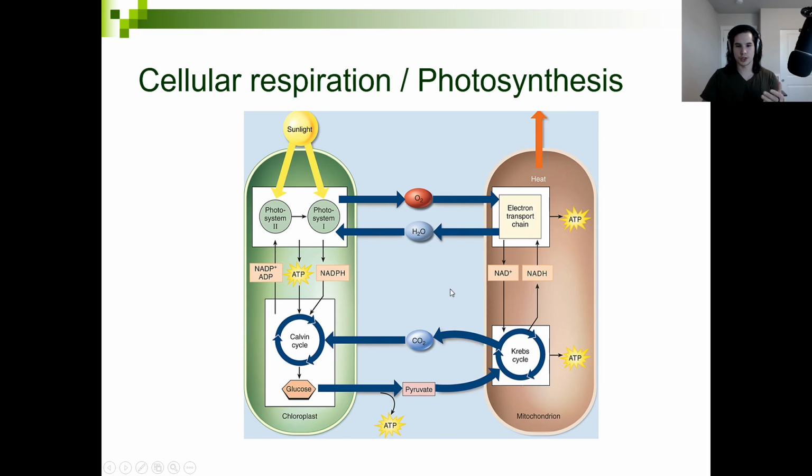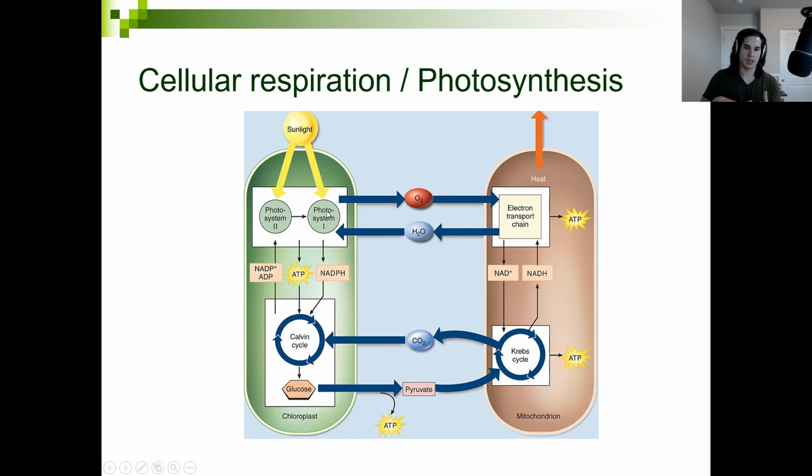Okay, and so I think this is one of the last slides, but this is to show you how both the chloroplasts and mitochondria work together to sustain an organism. So you've got sunlight that hits the thylakoid membrane of your chloroplast. Your photosystem 1 releases its electron, which bounces through the electron transport chain to photosystem 2.